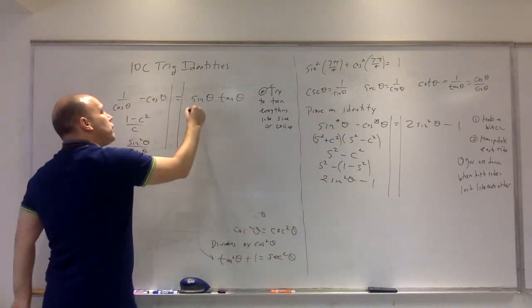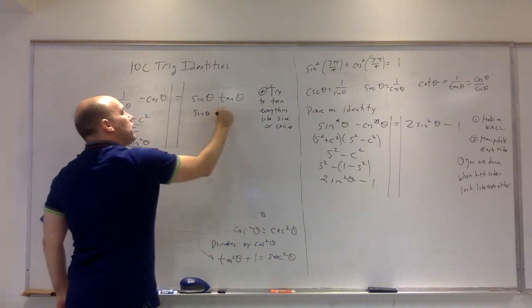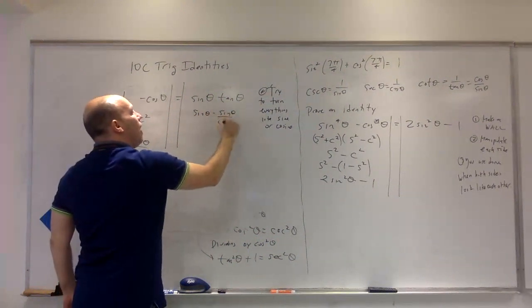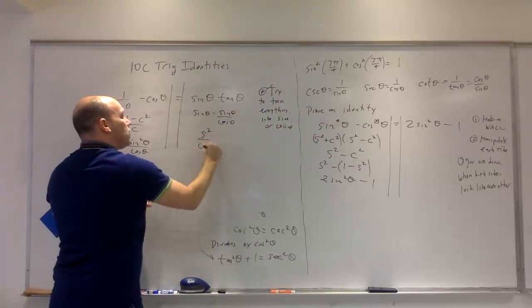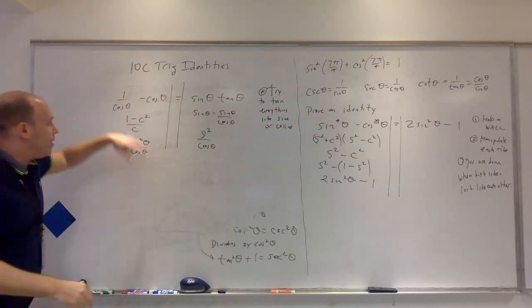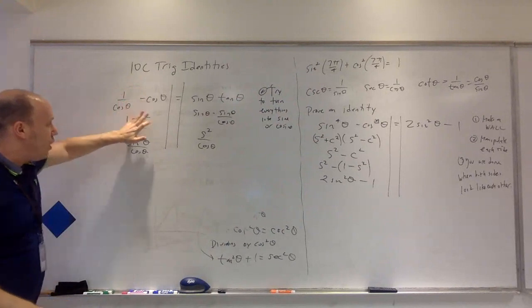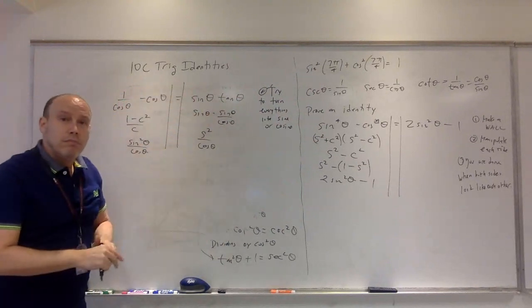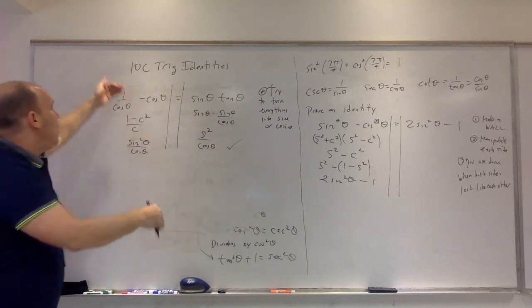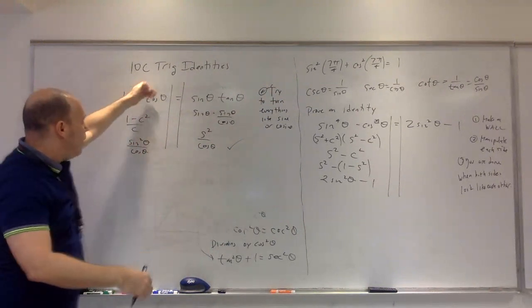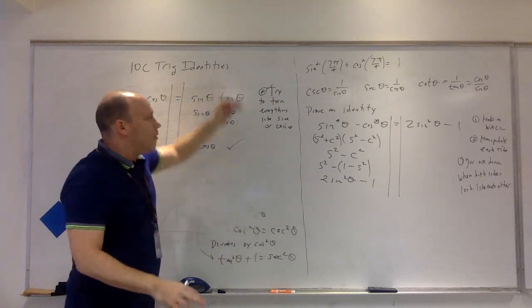So I have sine theta times sine over cosine, which is sine squared over cosine theta. I'm done, because I made the left look like the right. And you've proven that 1 over cosine minus cosine is equal to sine theta tangent theta.